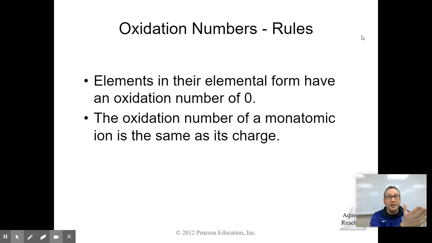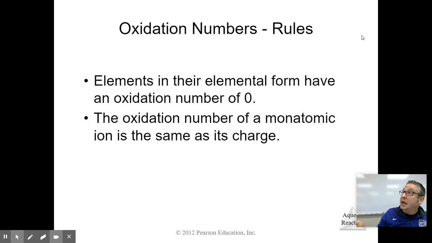That's why I kept saying calcium as a solid, in a reactant, was 0. So was oxygen as a gas. Continuing on with the rules. The oxidation number of a monoatomic ion is the same as its charge. So, like chloride. Chloride has a -1 ionic charge. Therefore, it'll have a -1 oxidation number.